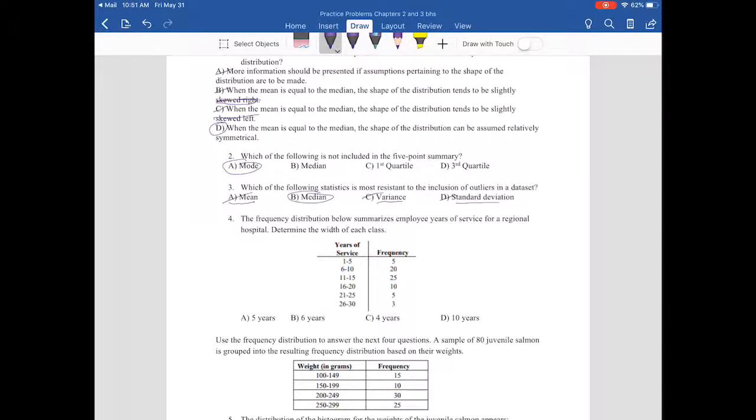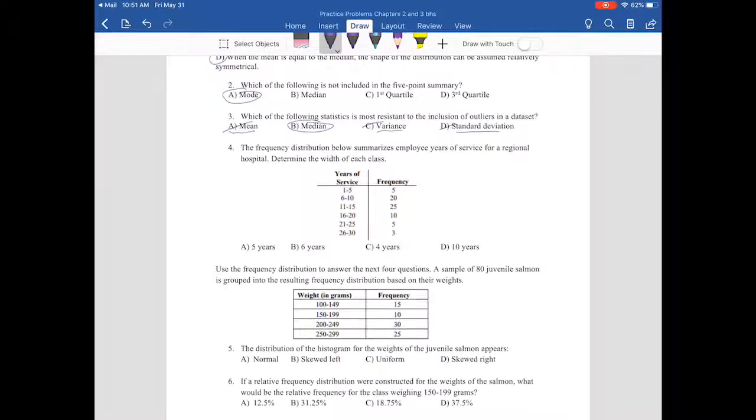Number 4, we have a frequency distribution here, and we want to determine the class width. Once again, remember that class width is going to be the max data value minus the minimum data value, all over the number of classes.